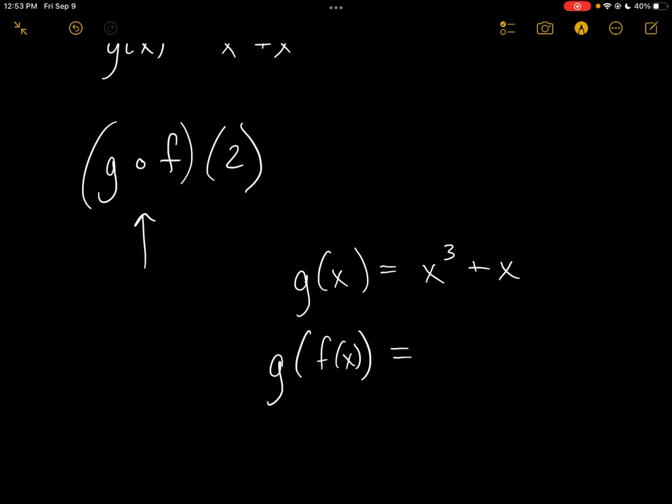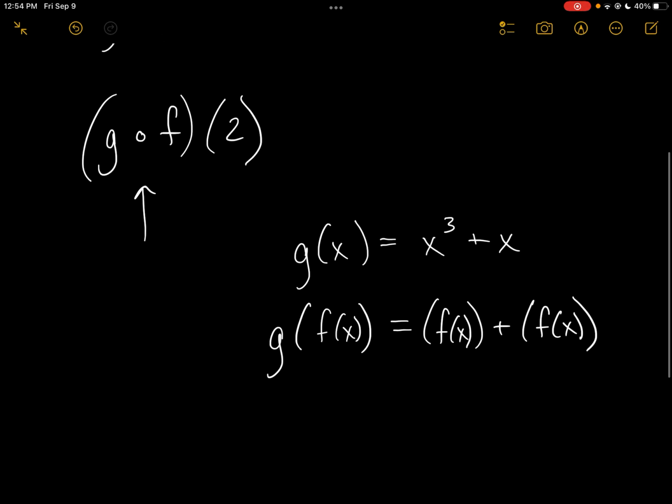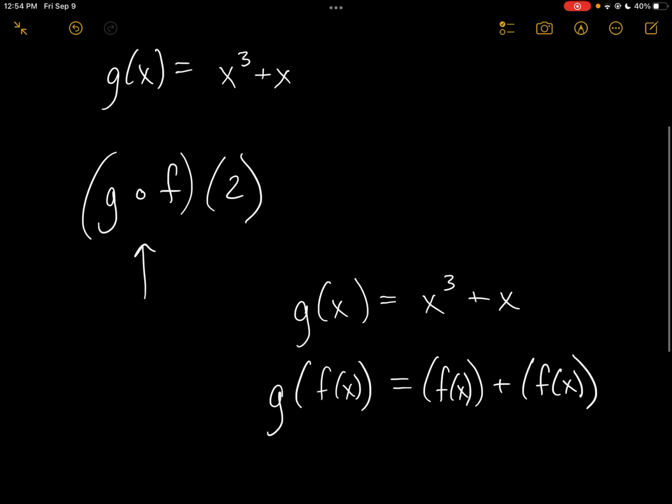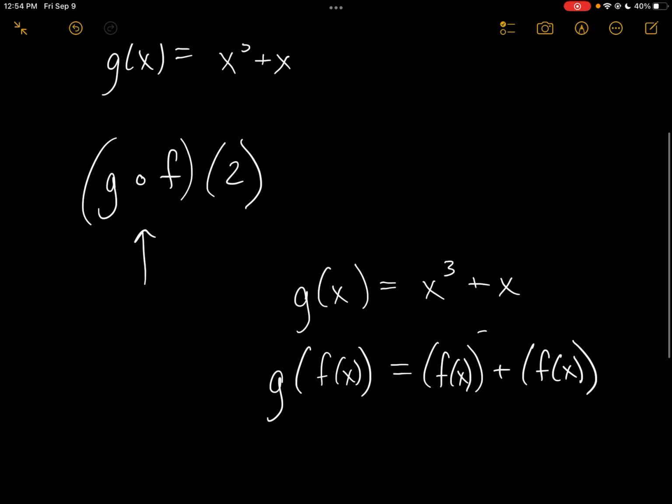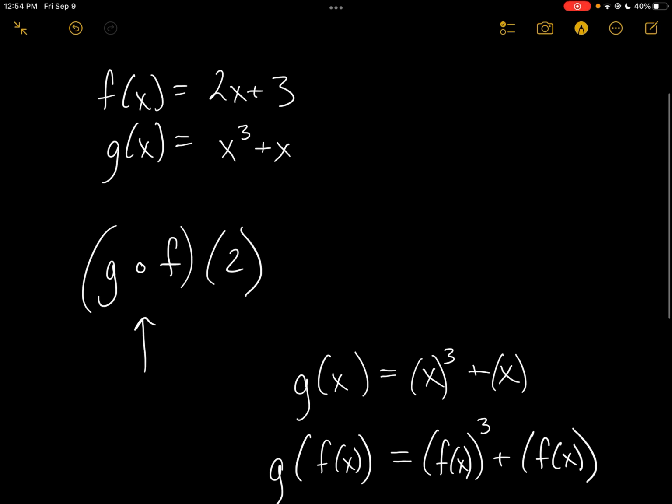So g of f of x is actually just saying anywhere that you see an x, instead of replacing it with a number, we are going to be putting in an entirely different function. So taking a look through what that means in this case, when we're plugging into x cubed plus x, in place of x, we're putting in f of x, and in place of x, again, putting in f of x.